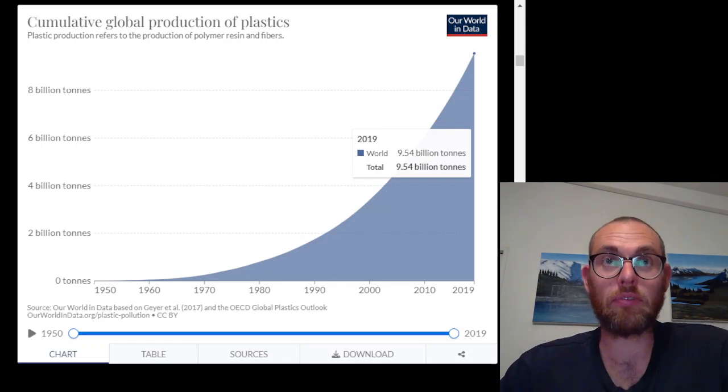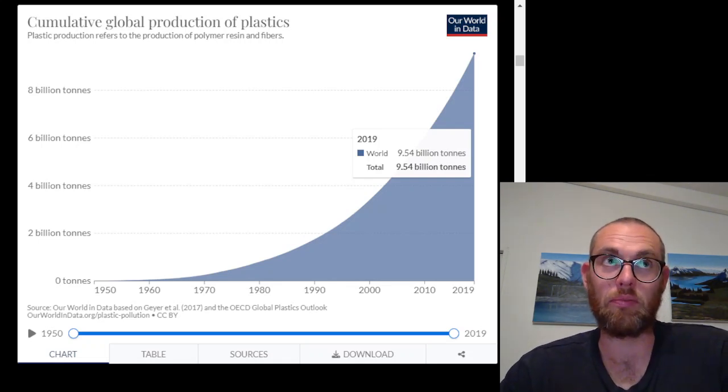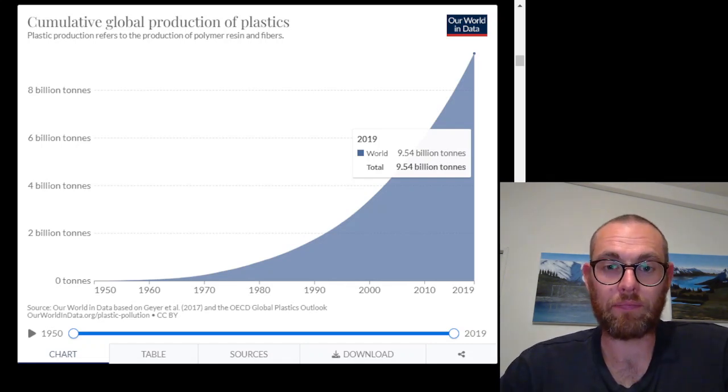There has been some progress recently with bacteria that can attack plastic, the bacteria that can eat up plastic and basically break it down, I guess.